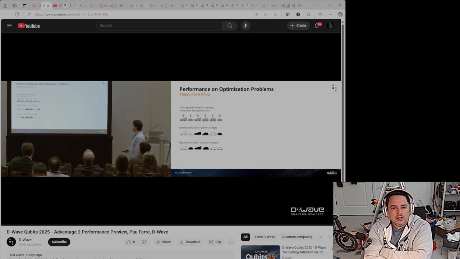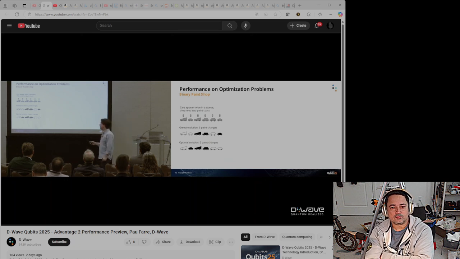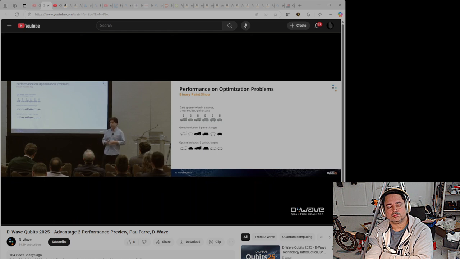Okay. Here's another optimization problem. It's called the binary paint shop problem. Okay. And in this problem, you have a number of cars, 3 in this example. So there are 3 different cars that appear twice in a queue. And this queue goes into a paint shop, and you want to paint each car with 2 colors.